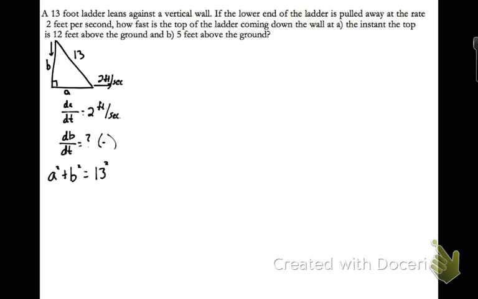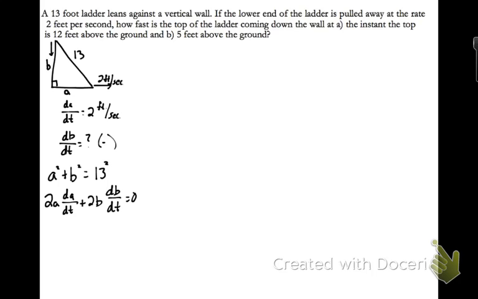The other thing we know is that 2a dA/dt, when we take the derivative with respect to t, plus 2b dB/dt will equal 0.